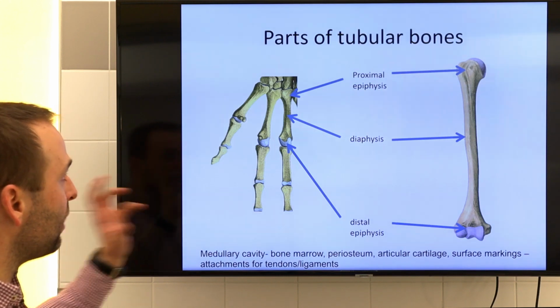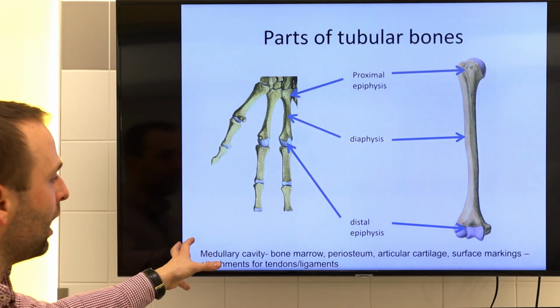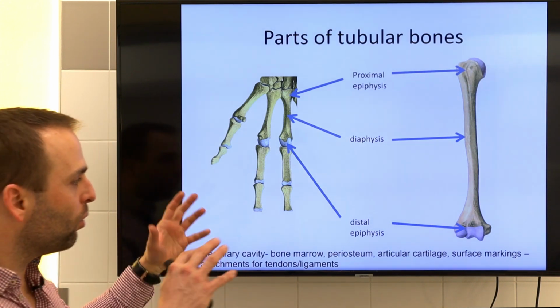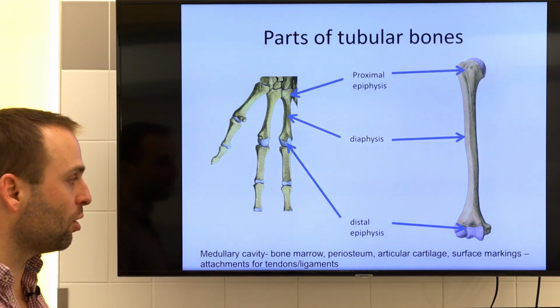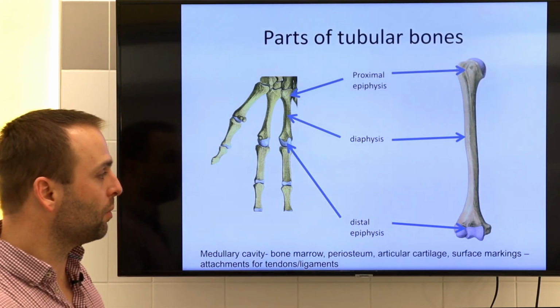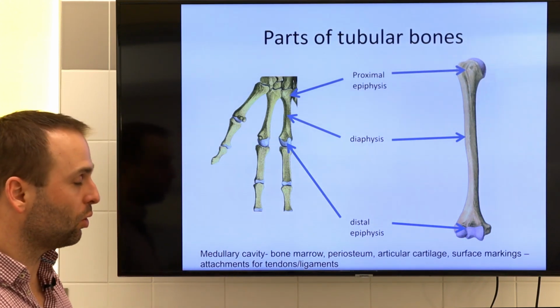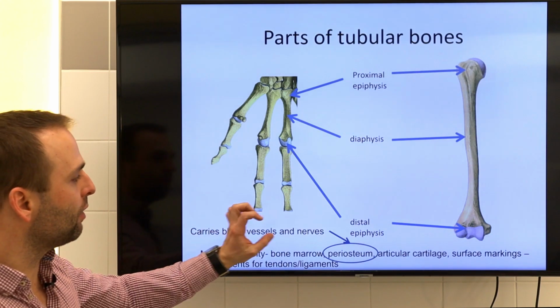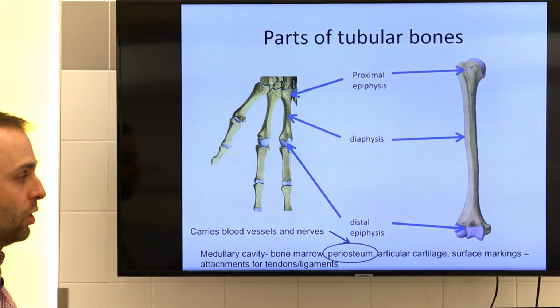You also have inside the bones a medullary cavity which is containing bone marrow. The bones are encapsulated into a periosteum layer, which is basically connective tissue surrounding the bone, which is very important because this carries the blood vessels and the nerves to the bone tissue.